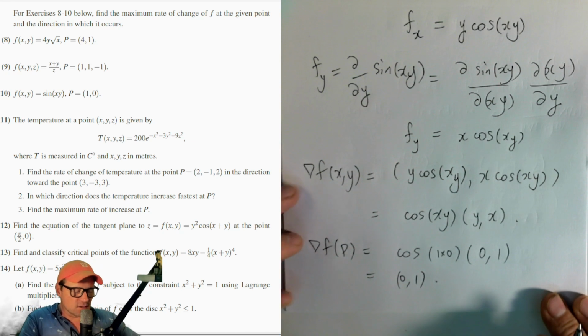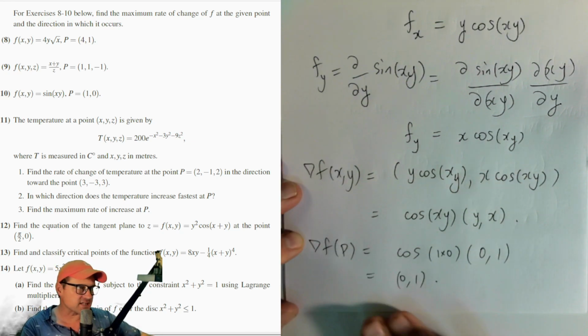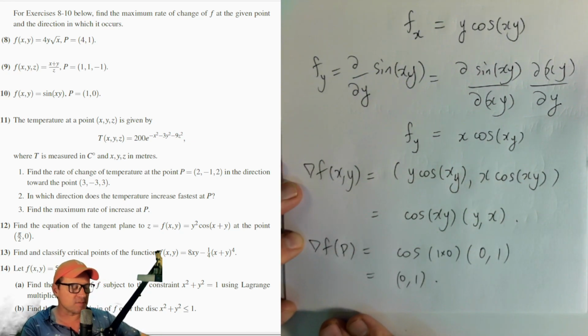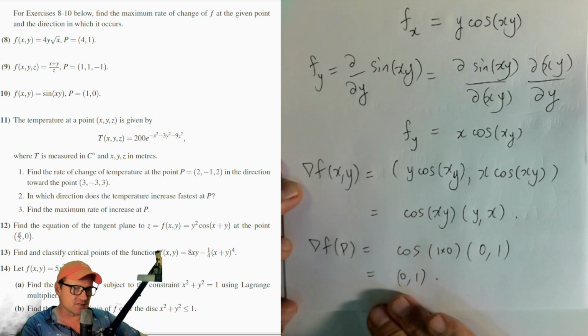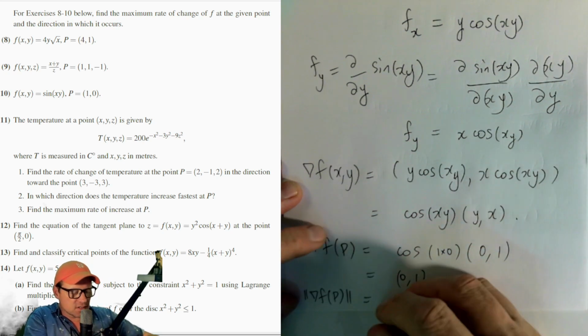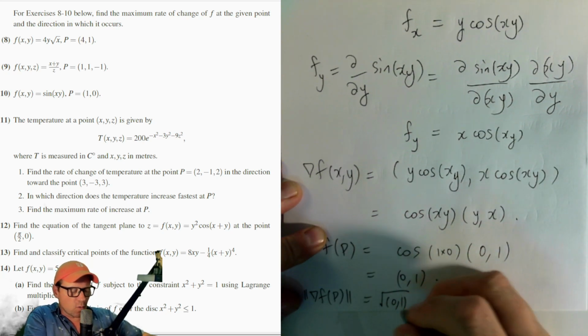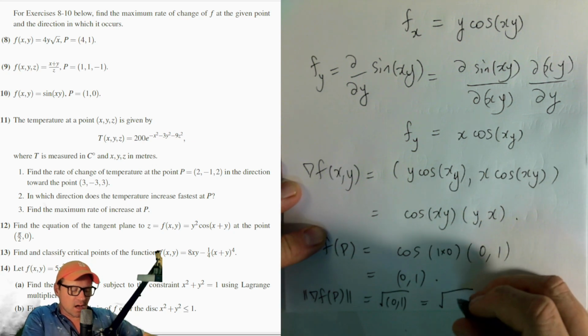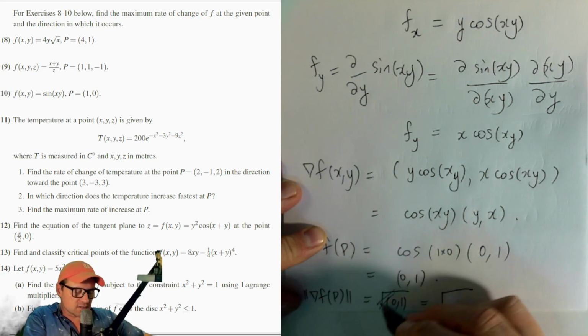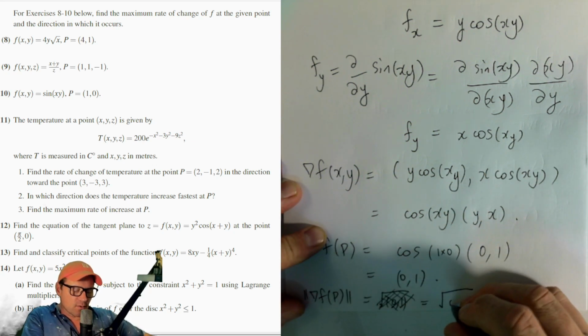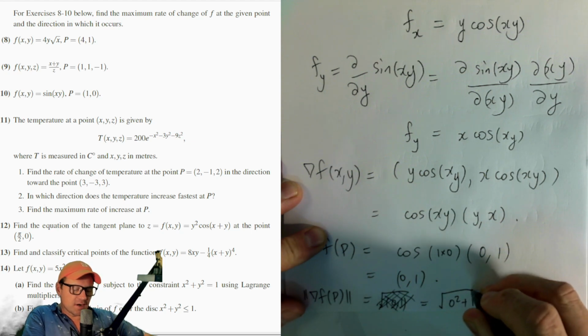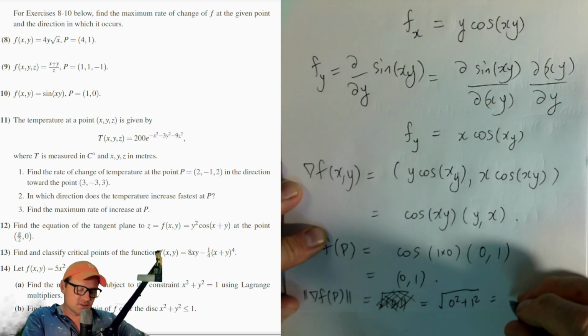Okay, and so finally, the maximum rate of change of f at the point P is the norm of this vector, grad f at P, which is the norm of the vector 0, 1. So that's the square root of 0 squared plus 1 squared. So the square root of 1 squared is just 1.